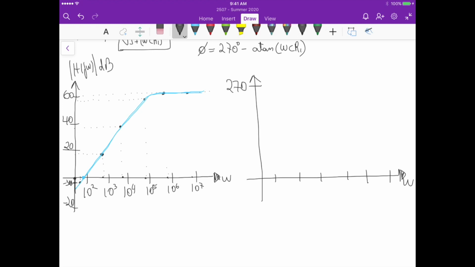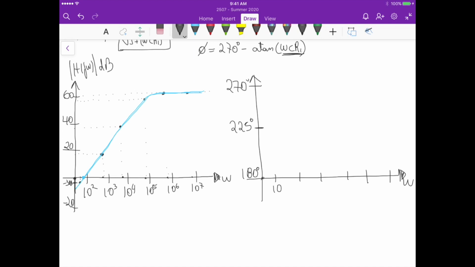And then if we are exactly at the 3 dB frequency, which is omega equals to 1 over CR1, we decrease by 45 degrees, which gives us half here, that is 225. And then exactly here we have 180 degrees.